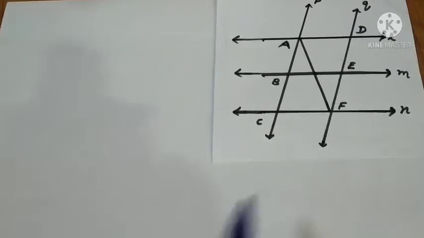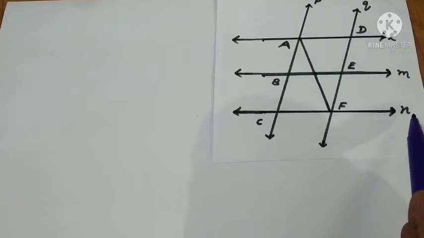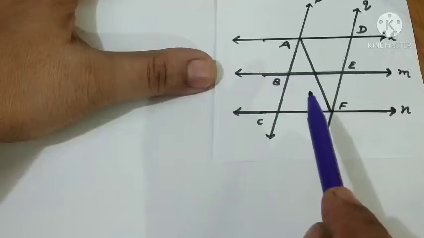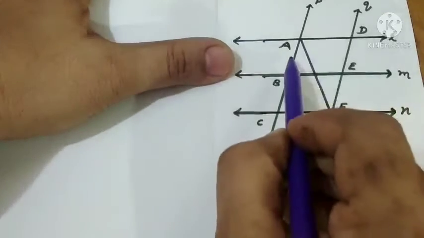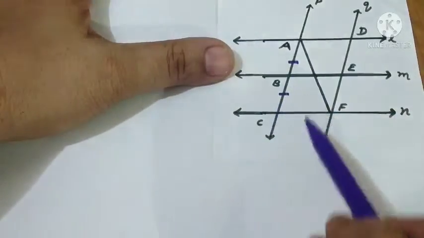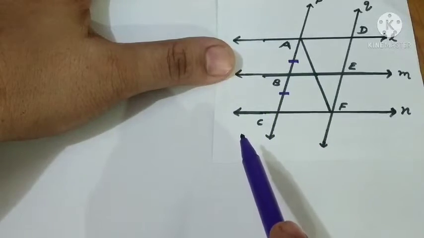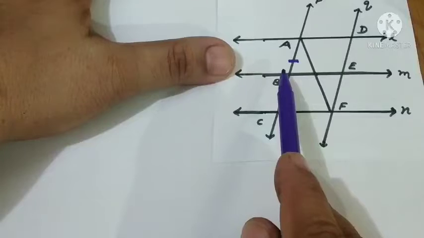It's already given that L, M, N are three parallel lines and making equal intercepts AB and BC. That means AB and BC are equal in length, or we can say that B is the midpoint of AC. Means they are cutting equal length.